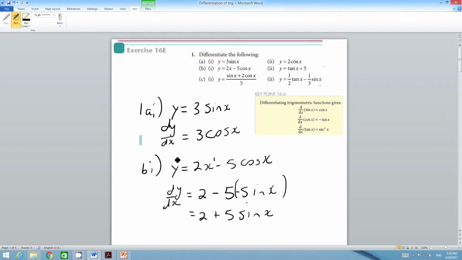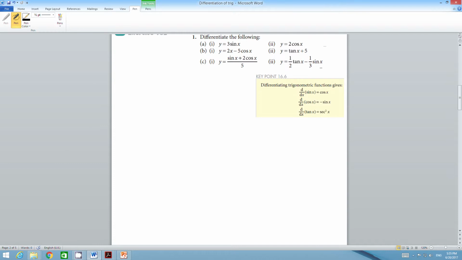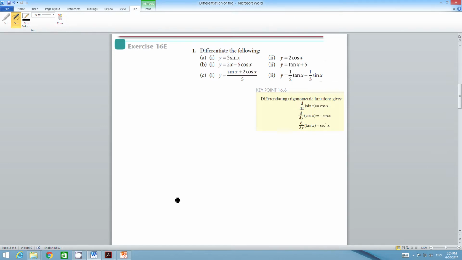Now we haven't done anything with tangent yet, so let's scroll down, let's get a new page here, and let's take a look at 1b part 2. In part 2 here they say y is equal to tan x plus 5. Let me just write it. If I want to find the derivative, dy dx, of tangent of x, we see here the derivative of tan x is secant squared x.